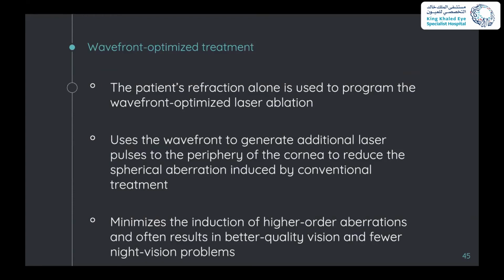These laser pulses will be applied on the corneal periphery. The aim of these pulses is to reduce the aberration that used to be induced by the conventional treatment. So this will minimize the high order aberration, and this will lead to a better quality of vision, especially at night.